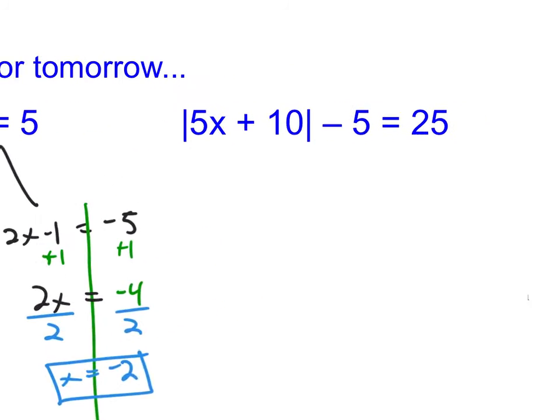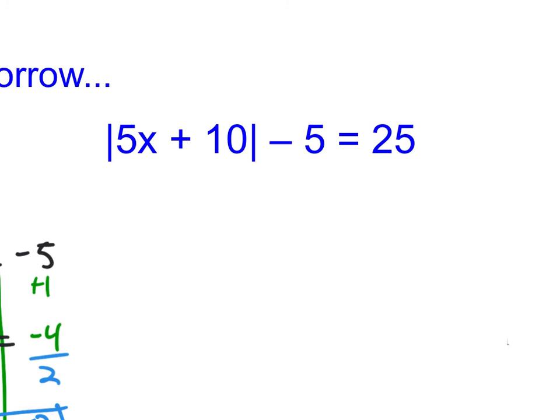Let's take a look at our very last one. Now this one is a little bit different because we want to say look inside and set these two, but wait a second. Not all this stuff is inside here. So before I can look inside, I need to get just the absolute value equal on the one side. So I'm just going to first get rid of this number on both sides.